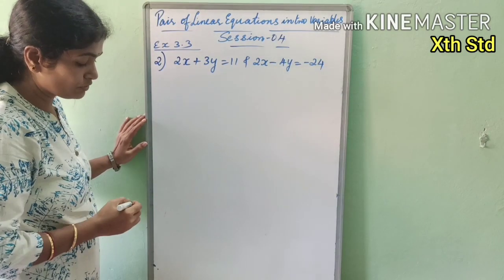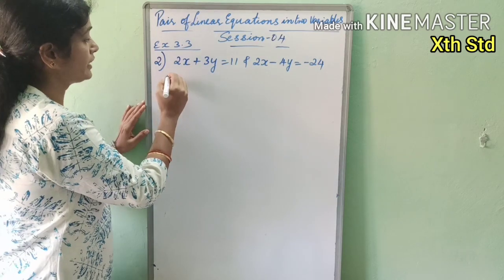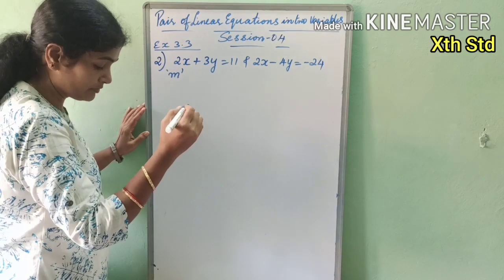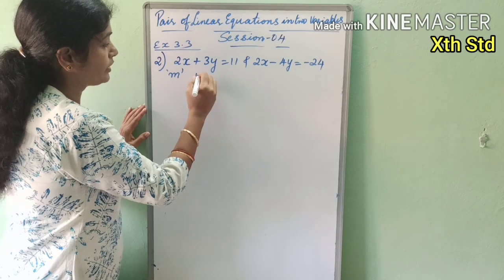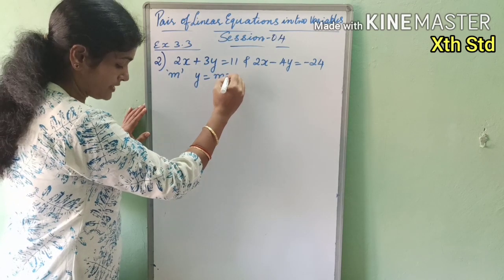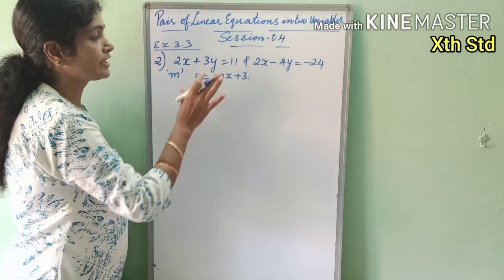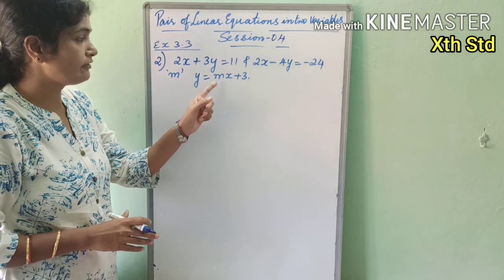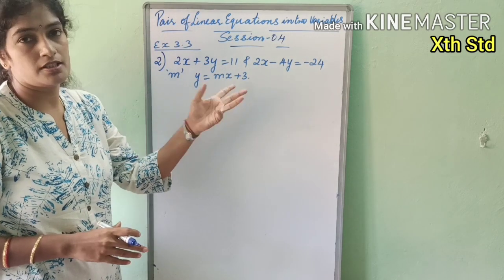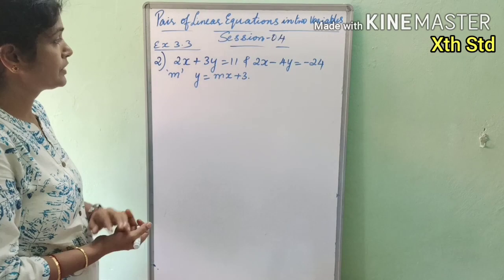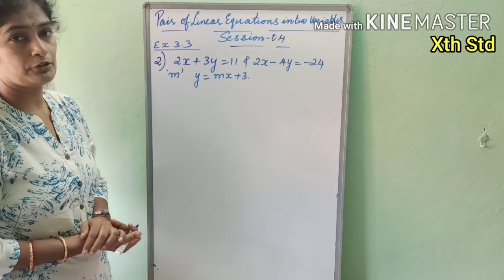And they have asked you to find the value of m, for which y is equal to mx plus 3 holds. So first, when you are solving these two, you get the values of x and y. Once you get the values of x and y, you substitute in this equation and find the value of m. So first, let's find the values of x and y.